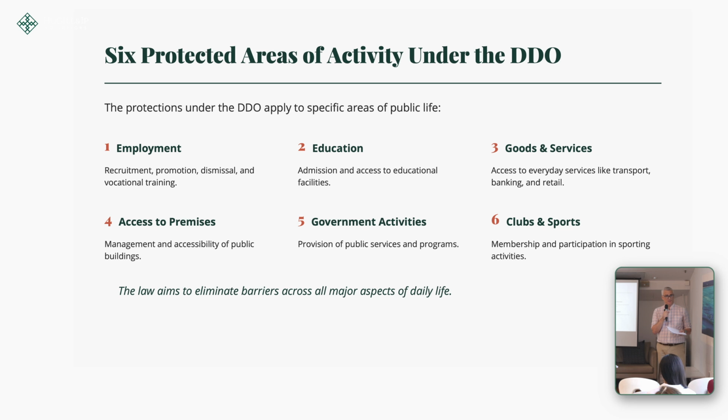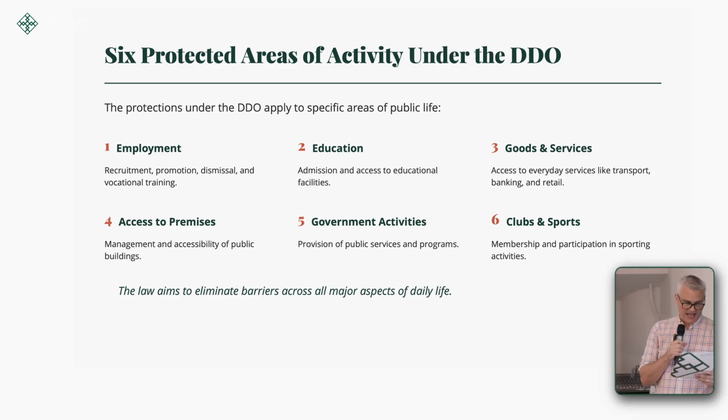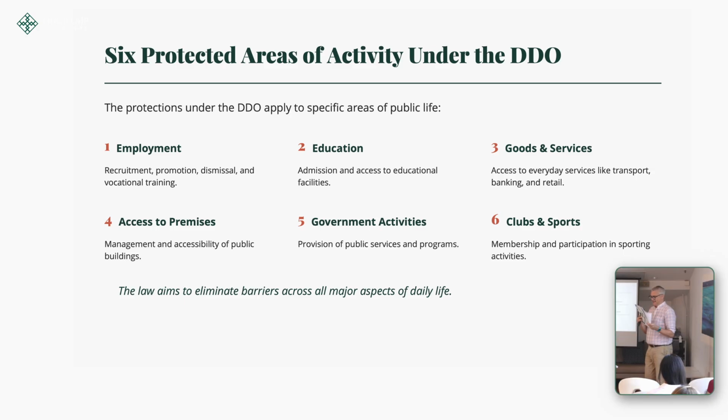A ramp, for example, benefits everybody because everybody can use a ramp. If you're carrying heavy bags, a ramp's useful, et cetera. And so it's not a single purpose accommodation, it's a general accommodation. And if you want to rely on this defense, then the organization which is saying it's an unjustifiable hardship would need to justify that. I think it would be easier explained with a case study.